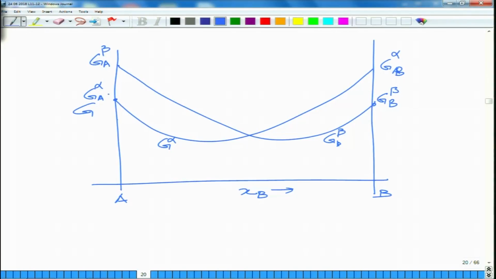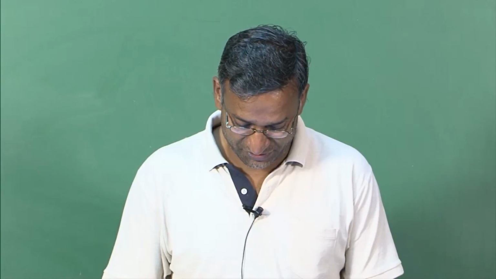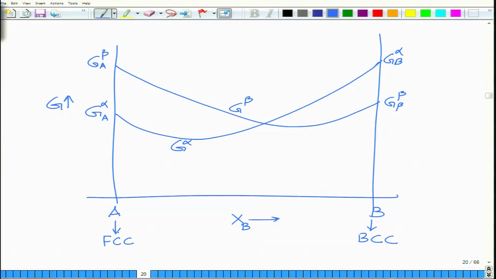We can see that G A alpha is lower than G A beta because the structure of pure A is FCC, which is more stable as compared to BCC, whereas B, being a BCC phase, is more stable in the beta phase form than in the alpha phase form, which is FCC. So pure A, that is alpha, is FCC structured.